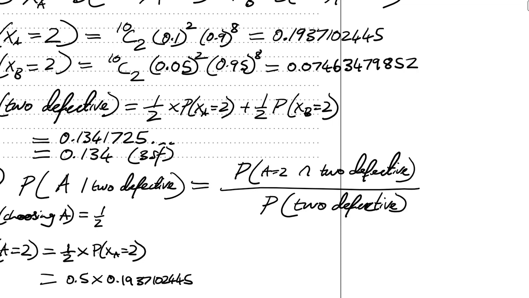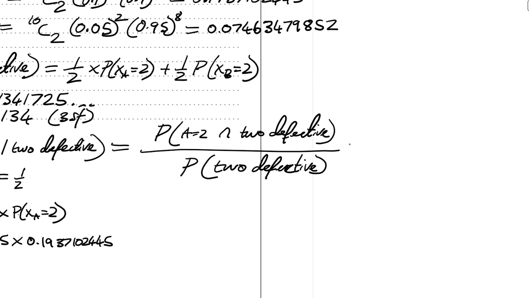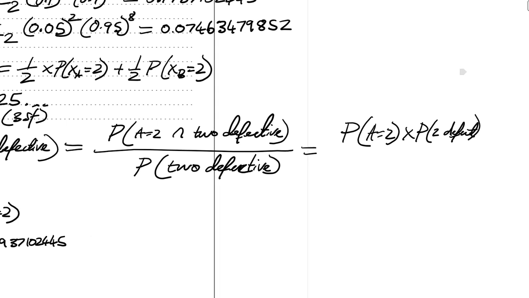Hopefully that makes sense. And now, what exactly is this? This is our independent event formula. Now we can just do probability A equals 2 times probability 2 defective. But actually these are not independent. A is equal to 2 is part of 2 defective.